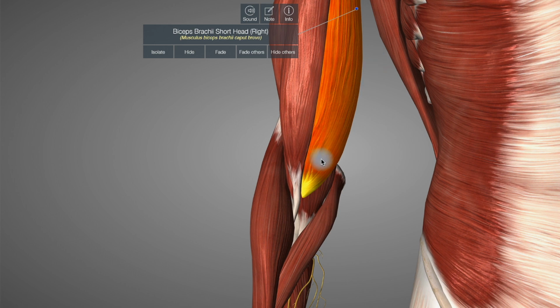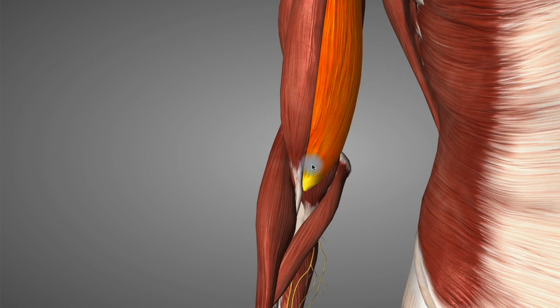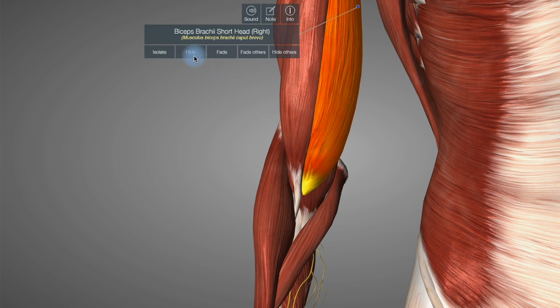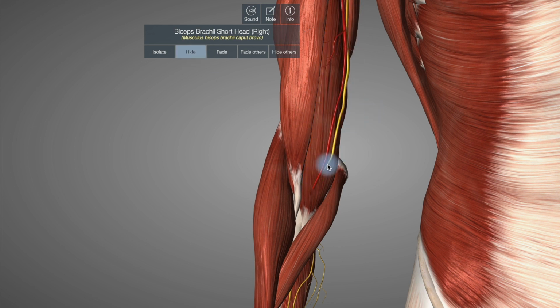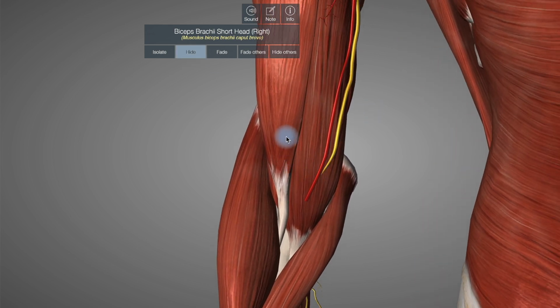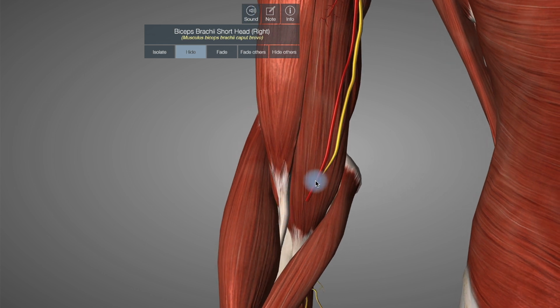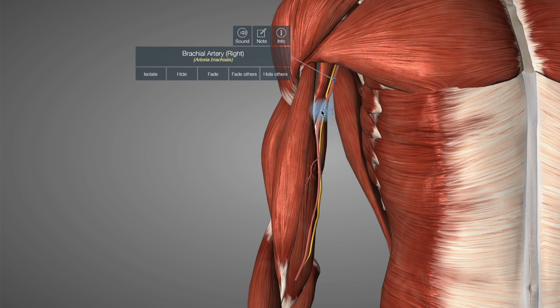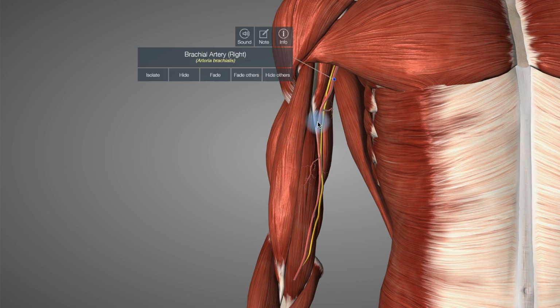Okay, now let's talk about the contents of this cubital fossa. Let me remove this medial head of the biceps brachii muscle. Now we can see the tendon of the biceps brachii muscle, and then the brachial artery, and then the median nerve. The brachial artery is a continuation of the axillary artery, which enters the arm and changes its name to brachial artery.